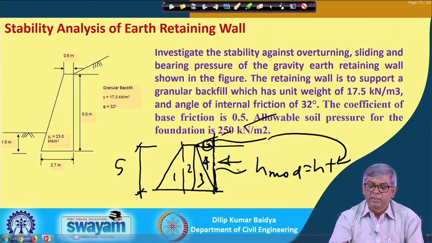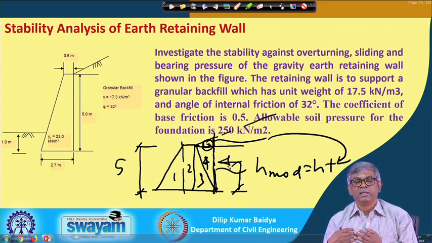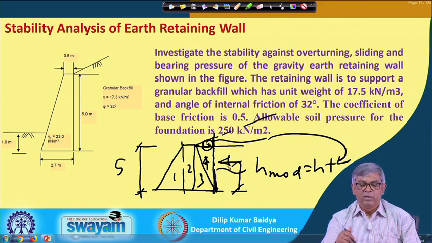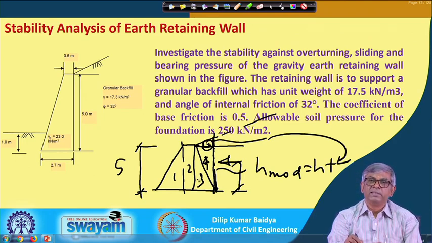PA will be acting at a distance h by 3, then find the resistance, then resistance divided by horizontal pressure will be the factor of safety against sliding. Then you can find the restoring moment and the overturning moment; the ratio of that will be the factor of safety against overturning. Then find the CG, the point of application of the resultant force.